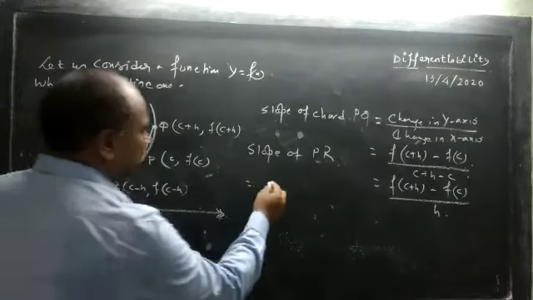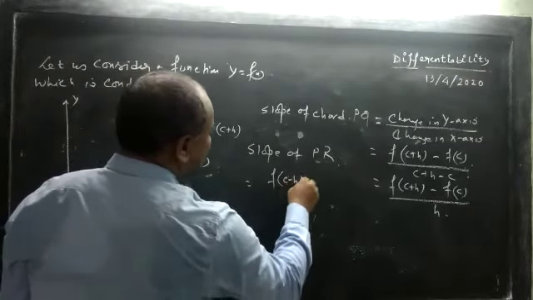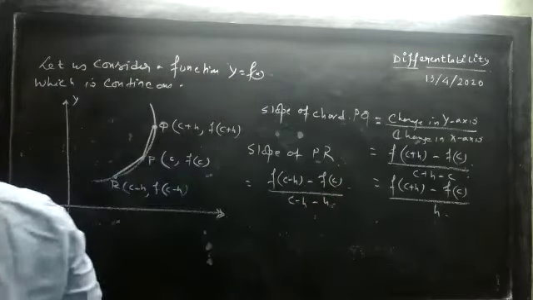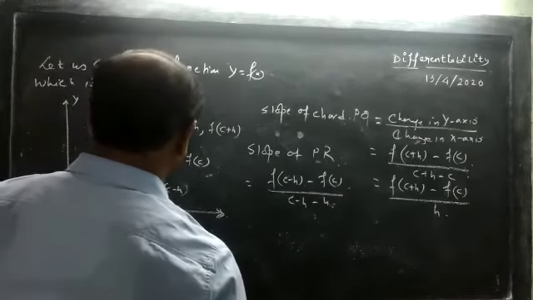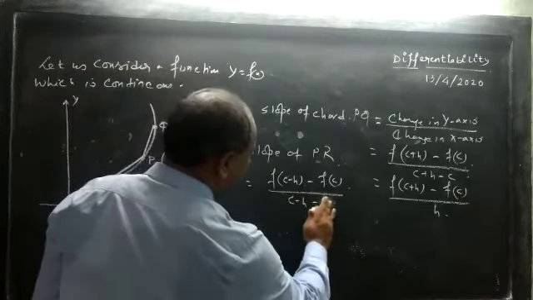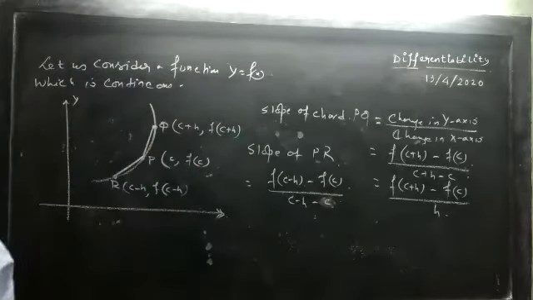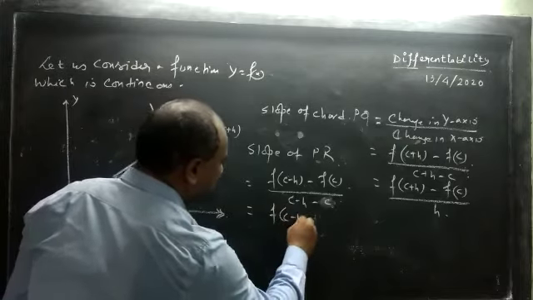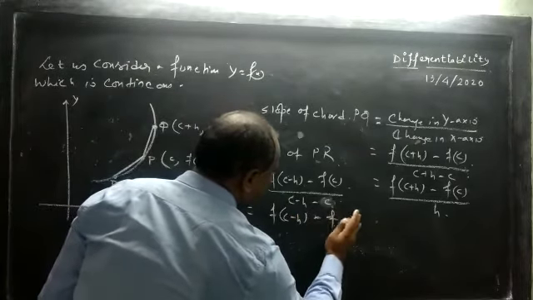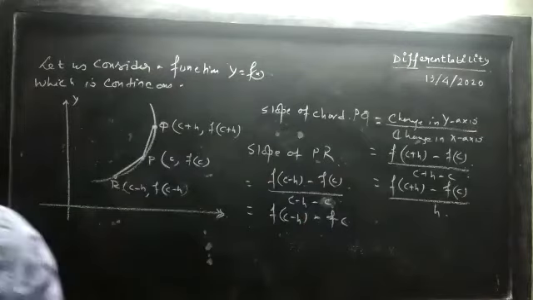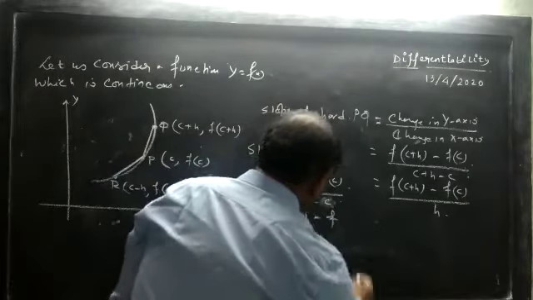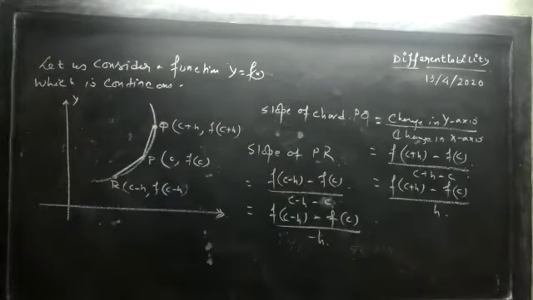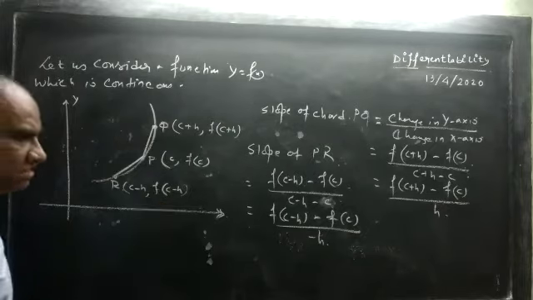So it is f(C minus h) minus f(C) by C minus h minus C. So what value do we get here? f(C minus h) minus f(C) by minus h. Now you know what this h is.